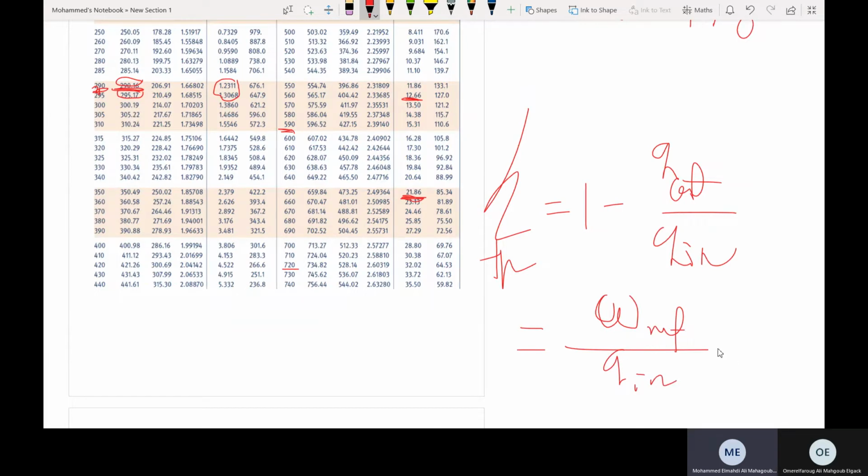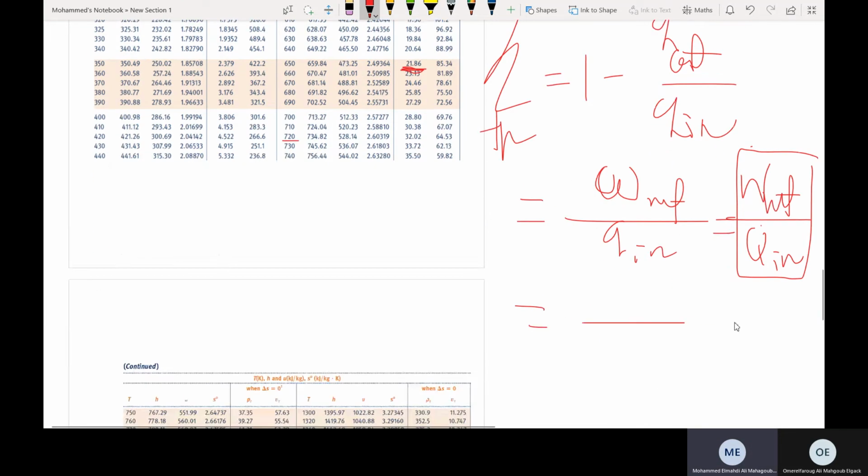Okay, and if you want to make it capitals, you're going to put here the net power over Q dot in. What's easier to use now in this case? I guess it's this one, because already we have from the problem that the net power produced is 1,500 kilowatts. Yeah, it is here, kilowatts. So just calculate Q dot in. So we need to multiply by the mass flow rate, which is 7.3. We got it before.